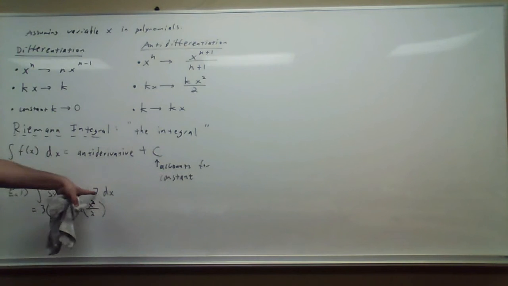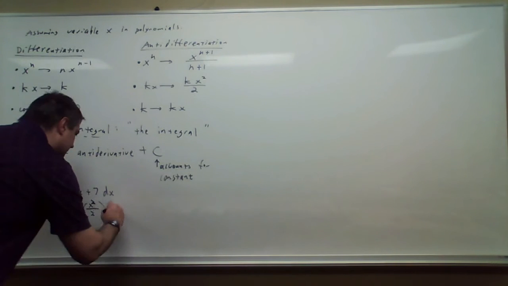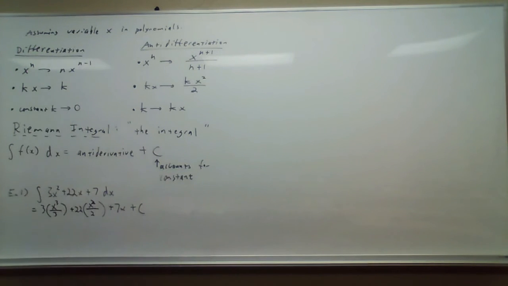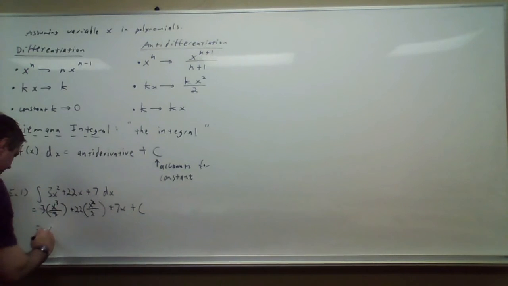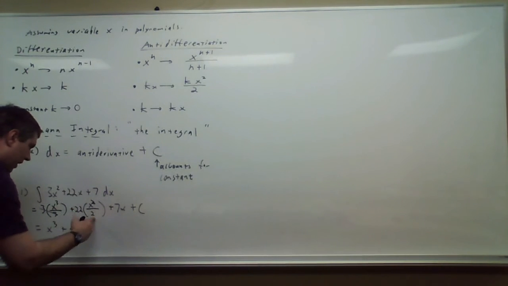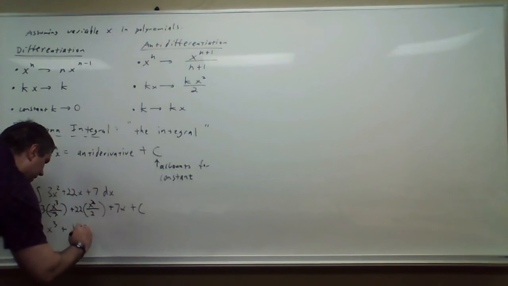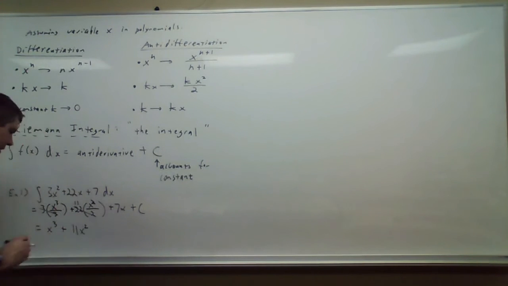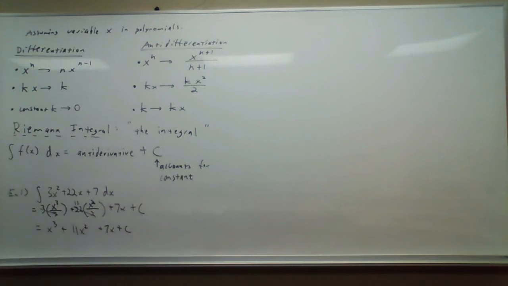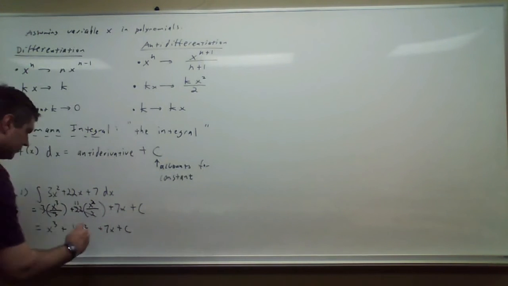And the antiderivative of my constant will be the constant times x, and then plus the c to account for a constant. Okay? So these cancel, and we end up with x cubed plus 22 divided by 2 is 11, x squared, plus 7x plus c. Okay?